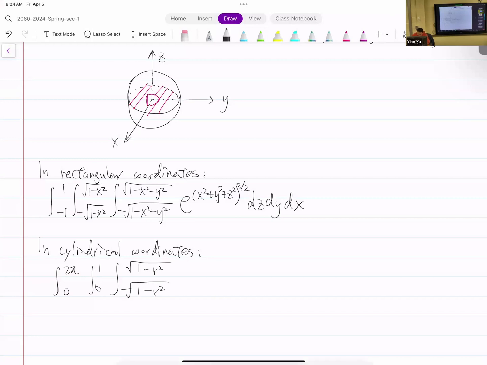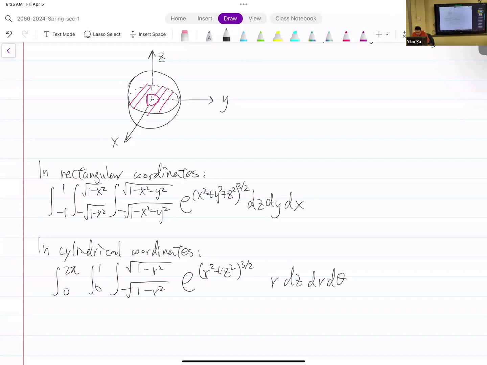And then for the inner function, we have x squared plus y squared equals r squared again, so r squared plus z squared to the 3/2. And then for the cylindrical coordinates, we just have r dz dr d theta.